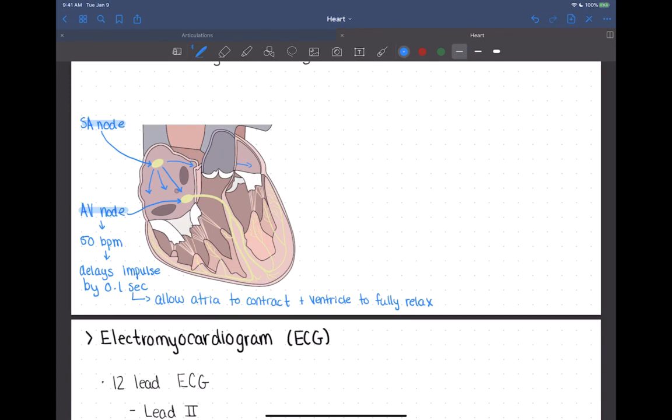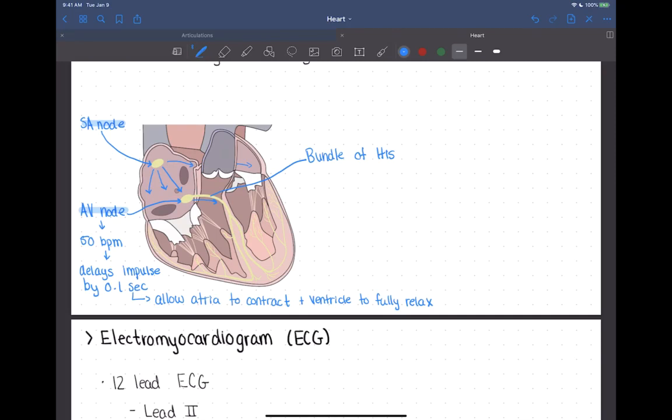Okay, and then from there, that impulse is going to be sent through this structure here, right? It's kind of branched. It's called the bundle of His. And the bundle of His sits in the superior part of that interventricular septum between the right and the left ventricles.